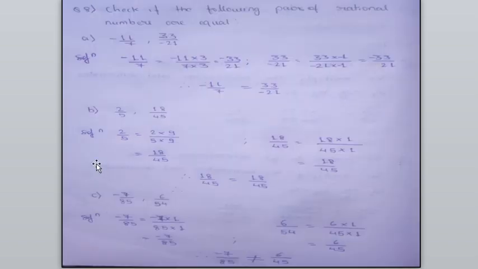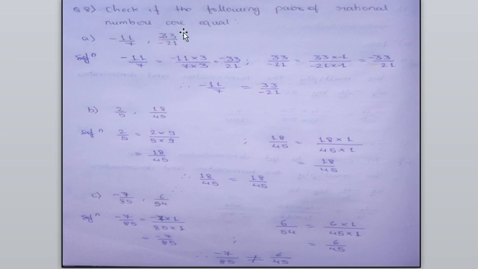Then question number 8. Check if the following pairs of rational numbers are equal. Now here we have to check whether the pairs of rational numbers which are given are equal or not. So here in A, the first question, it is given minus 11 by 7 and 33 by minus 21.